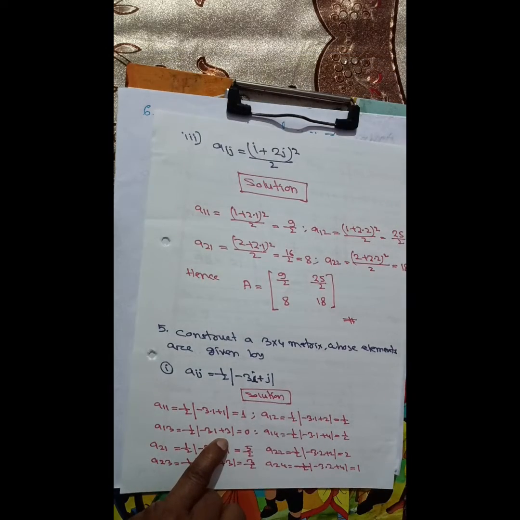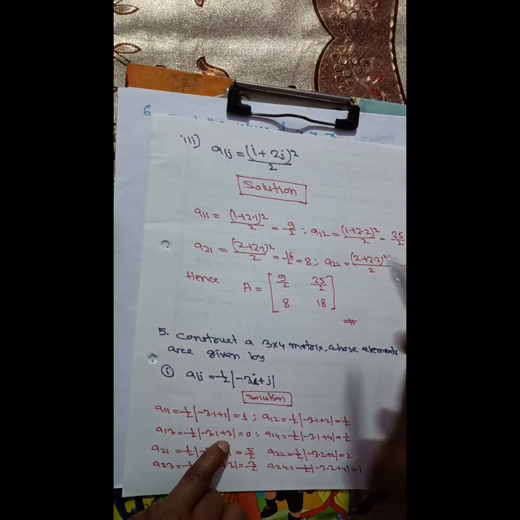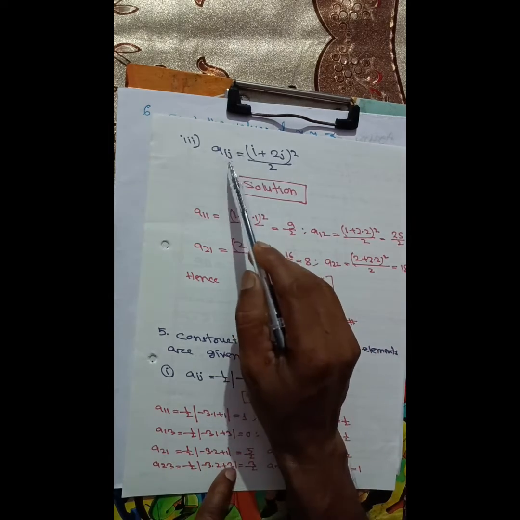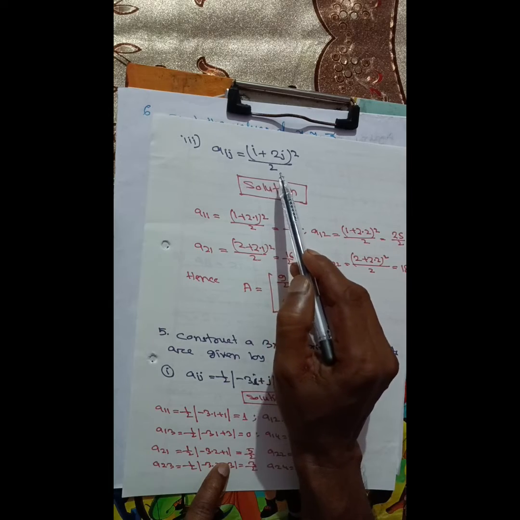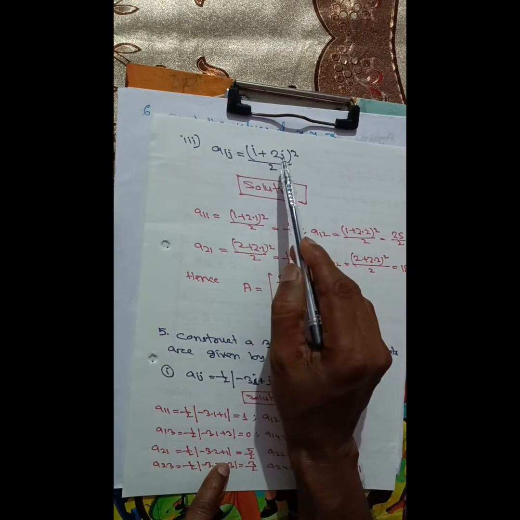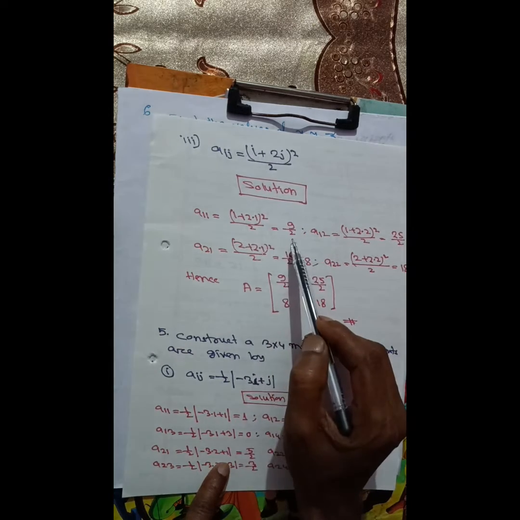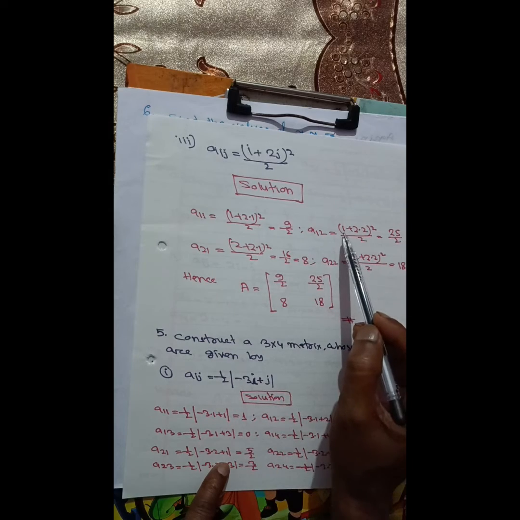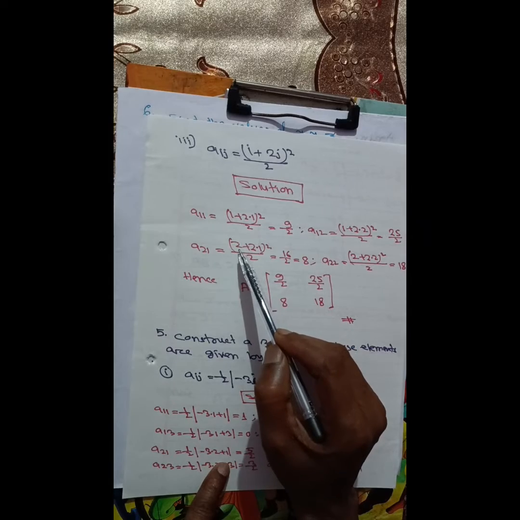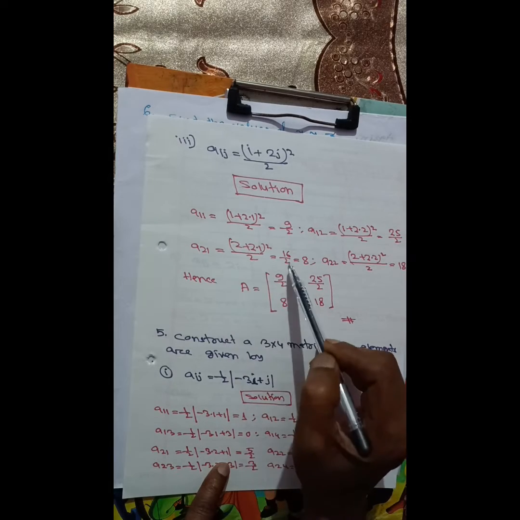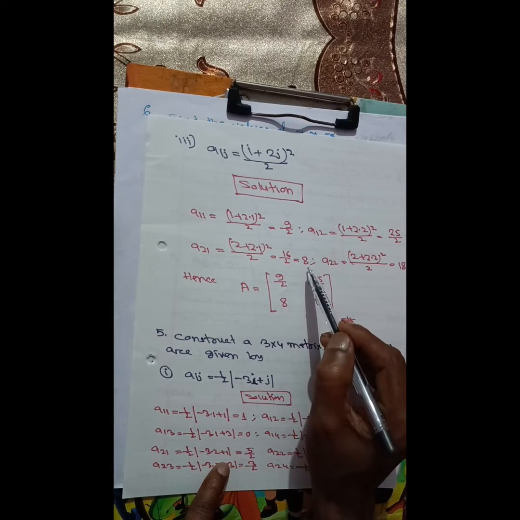Now we are going to the same type of problem. The only difference is aij equals (i + 2j)^2 divided by 2. If we put i equal to 1, j equal to 1, we get 9 by 2. If i is 1, j is 2, we get 25 by 2. If i is 2, j is 1, we get 16 by 2, that means 8.